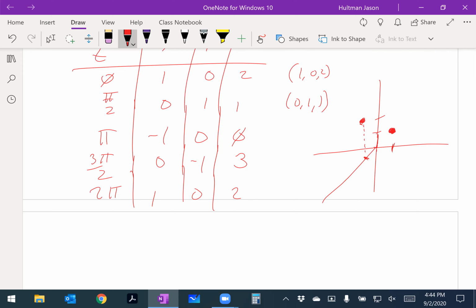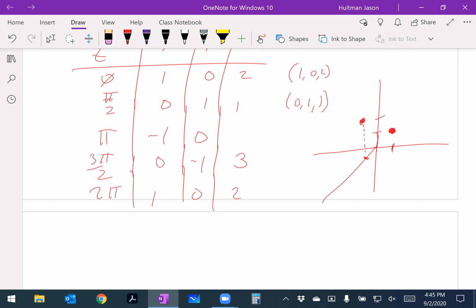Okay, what about the next one here? Negative 1, 0, 0? Well, that one's kind of easy. Oh, I thought that point was negative 1, 0, 2.